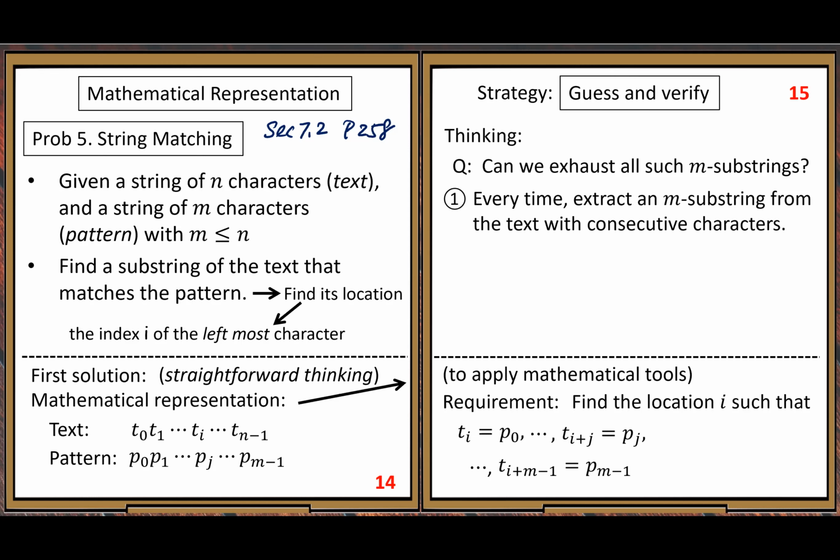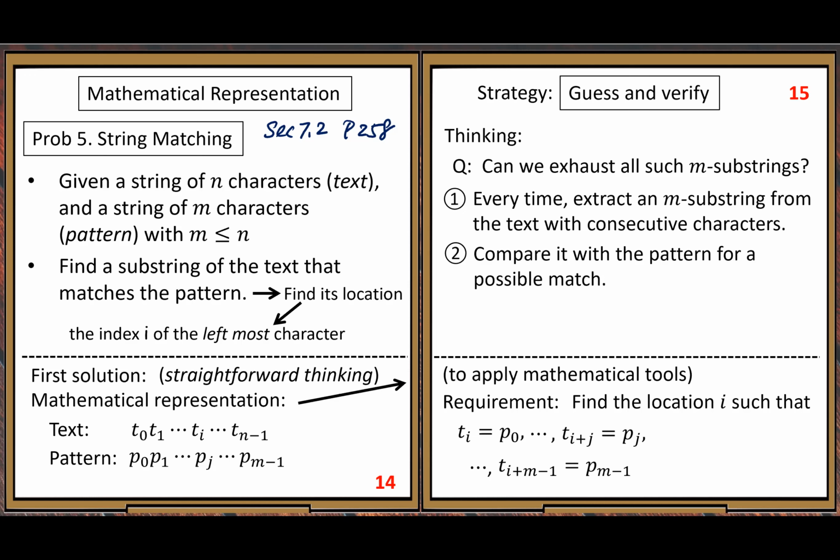Every time we extract an M substring from the text with consecutive characters, and we use the location of the first character of this substring as the location of the whole M substring. That's our definition. How do you define the location of your M substring? The index of its first character.